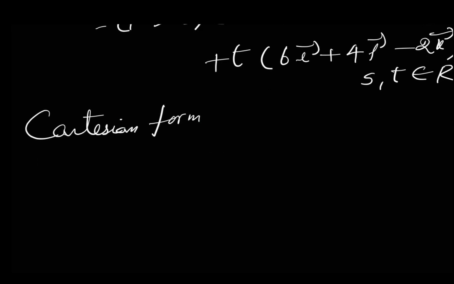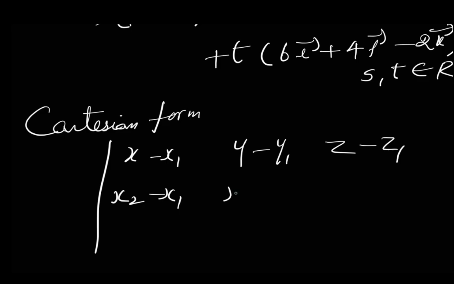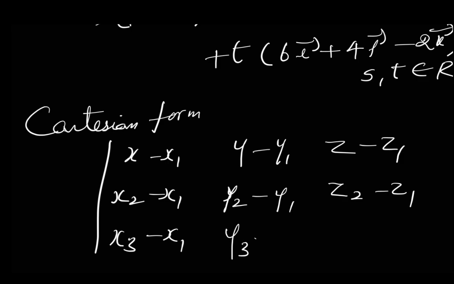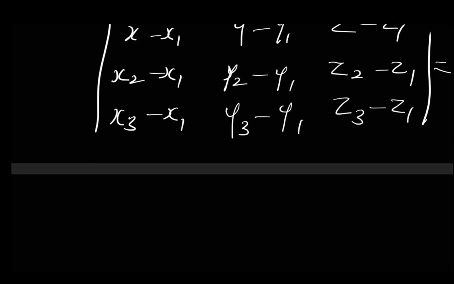Cartesian form. The determinant: x minus x1, y minus y1, z minus z1; x2 minus x1, y2 minus y1, z2 minus z1; x3 minus x1, y3 minus y1, z3 minus z1 is equal to 0. Now we will substitute the values here.